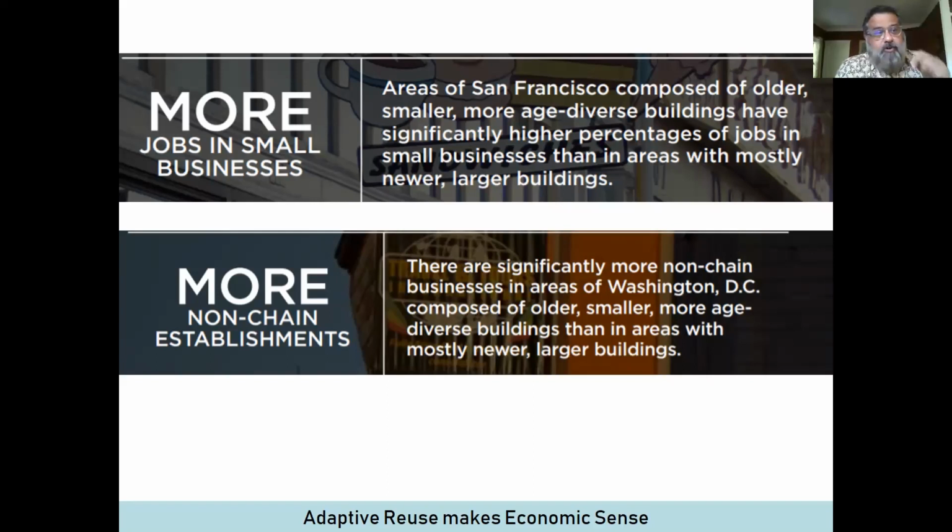So there are more and more empirical studies arguing that the economic value of adaptive reuse can be scaled, not just at the site, where of course it can also be economically beneficial, but it can create more jobs. It can provide jobs to more non-dominant communities. It can open up spaces for diverse businesses and so on and so forth, which also have economic values.